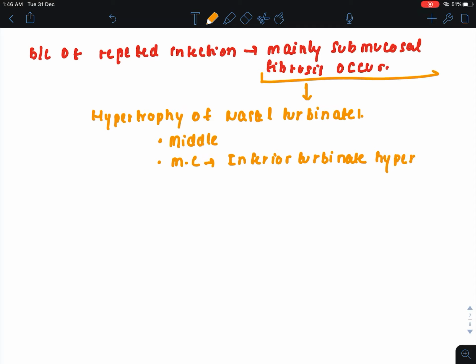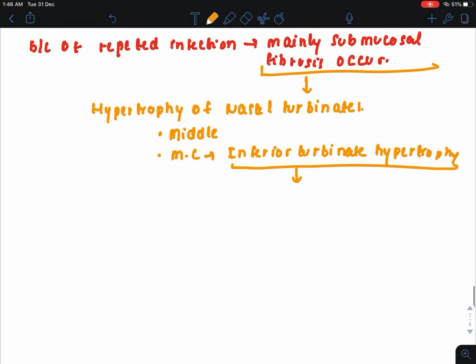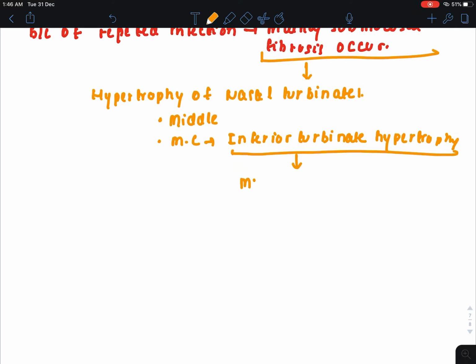When the inferior turbinate hypertrophy occurs, it gives the mulberry appearance.